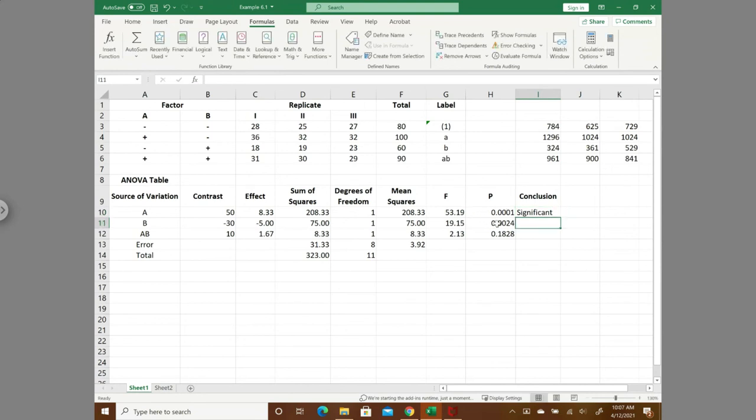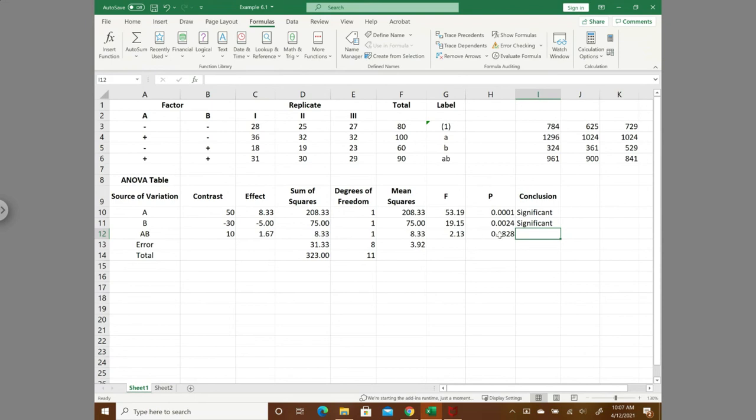What about factor B? We have to compare this p-value with the alpha value of 0.05, right? 5%. Once again, this p-value is smaller than the alpha value. So factor B also has a significant impact on the output. Not as significant as A, but it is still statistically significant.